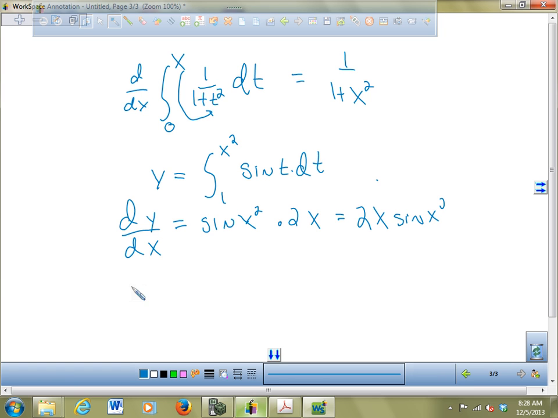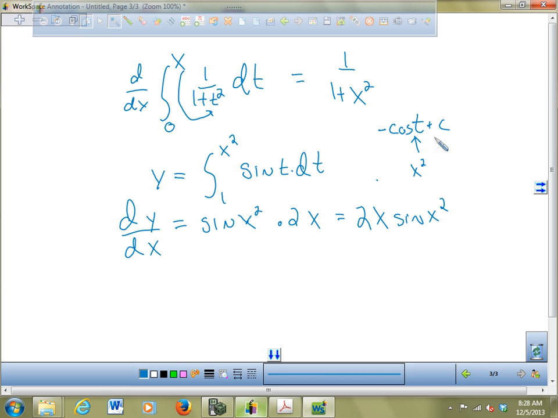So you have to apply the chain rule because if I went backwards, the antiderivative of this would be negative cosine of t plus c, and I want to evaluate that at x squared. So first I plug in x squared, and then I go forward. When I go forwards, what do I have to do? Chain rule.